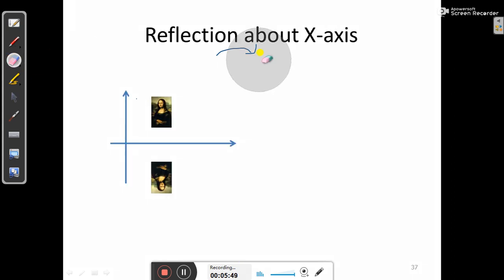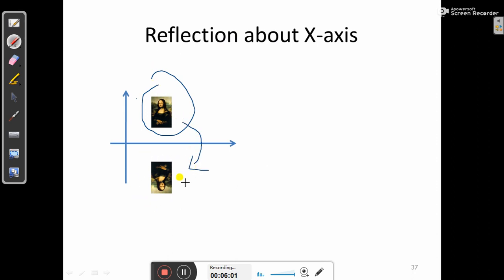Again, if you want to reflect this object along the x-axis, then it will become like this. This is a reflection of this object, in an opposite manner, because it has been rotated oppositely in the direction completely. So this is completely going in that direction, a complete rotation.